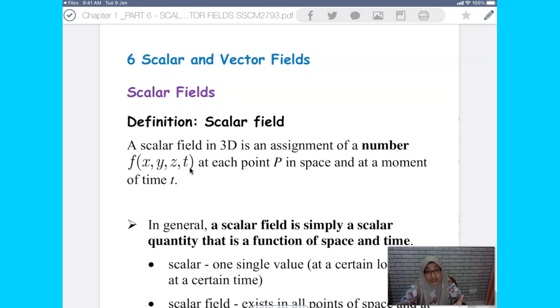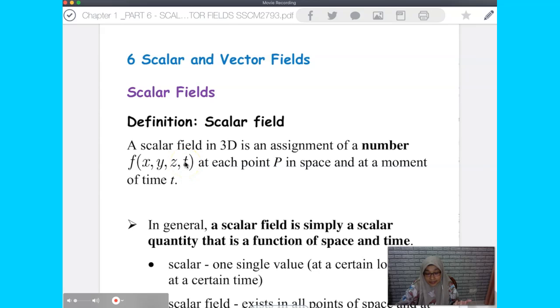But now in the extension of the scalar field, instead of just the point at specific x, y, z, it also depends on some specific time. So now we add another parameter, which is t.